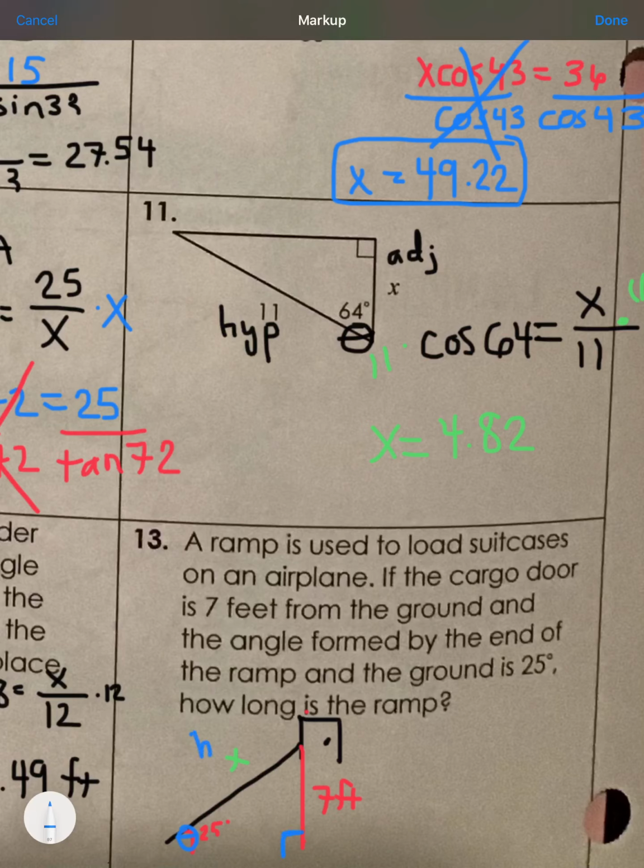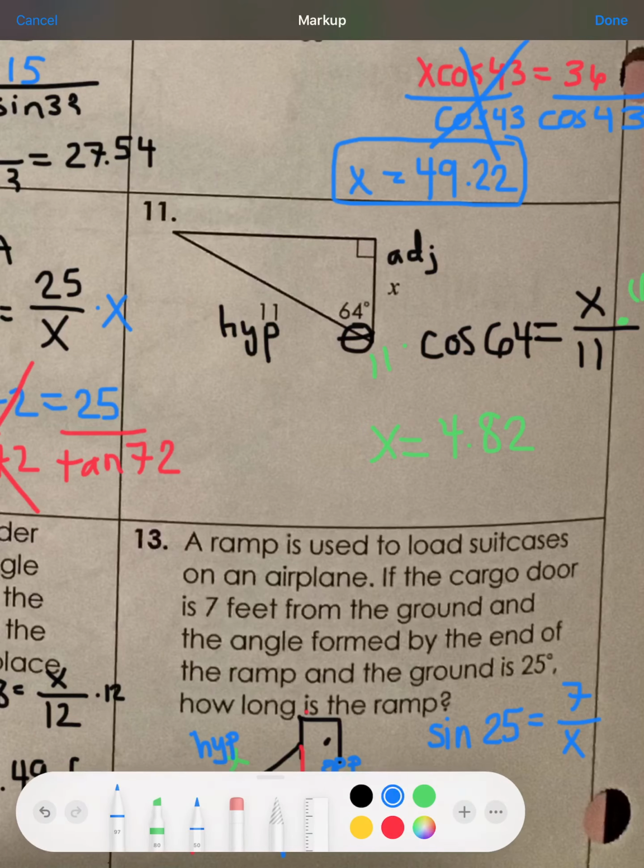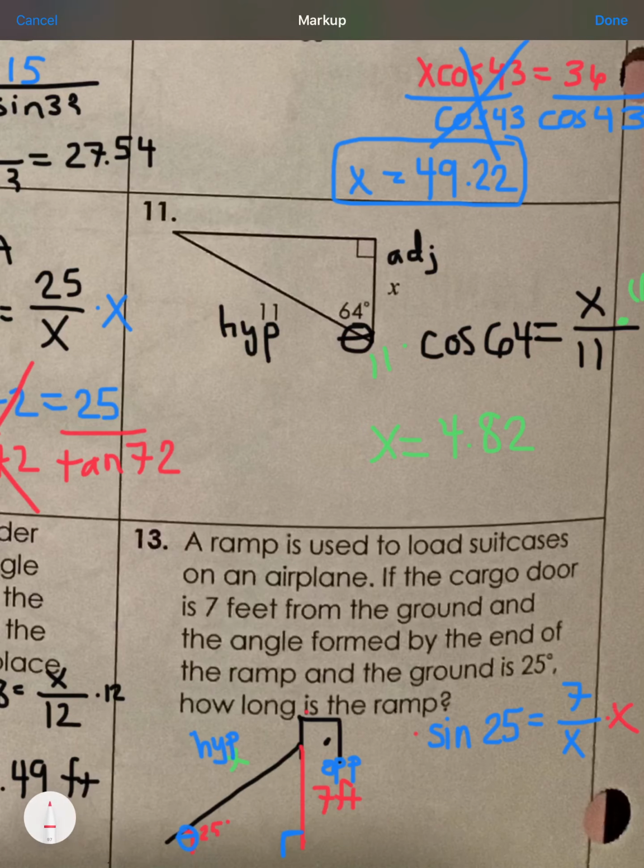All right, so we have an angle, which is theta. We have our right triangle being made here, so x is the hypotenuse. And across from my angle, the 7 feet is my opposite. So what relates opposite and hypotenuse? Well, that's sine. The sine of the angle is 7 over x.